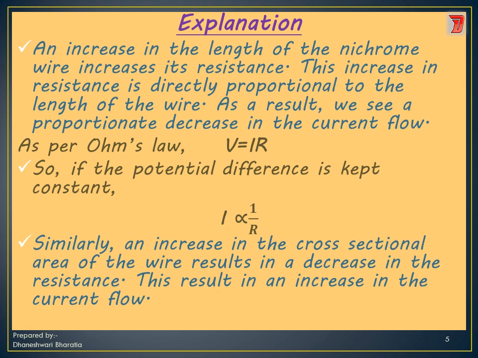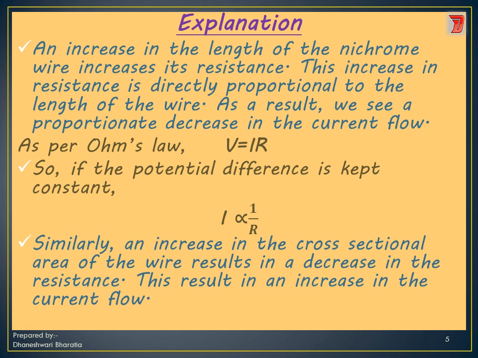An increase in the length of the nichrome wire increases its resistance. This increase in resistance is directly proportional to the length of the wire, that is R is directly proportional to L. As a result, we see a proportionate decrease in the current flow because they are inversely proportional to each other, right?